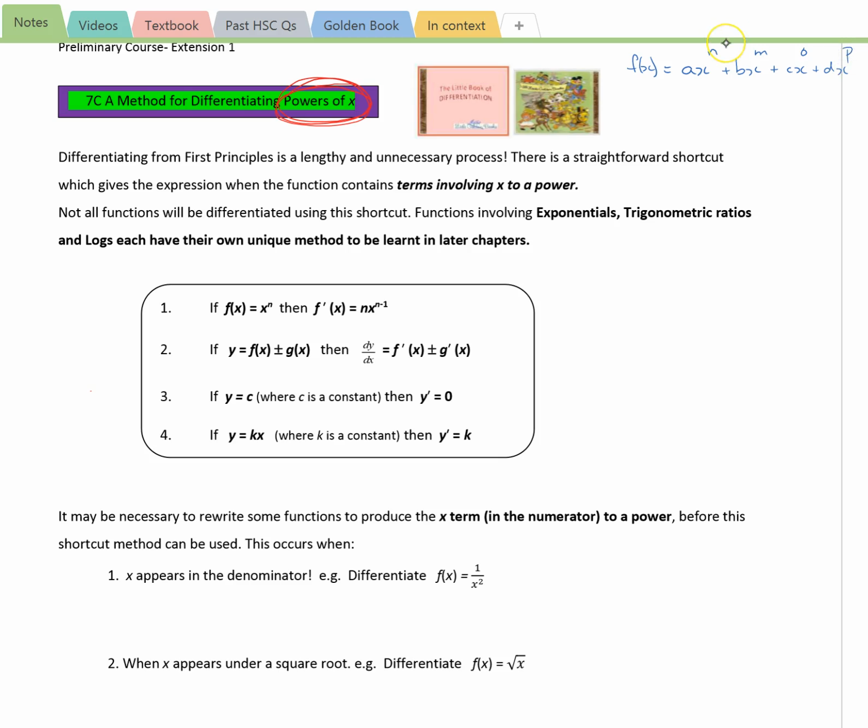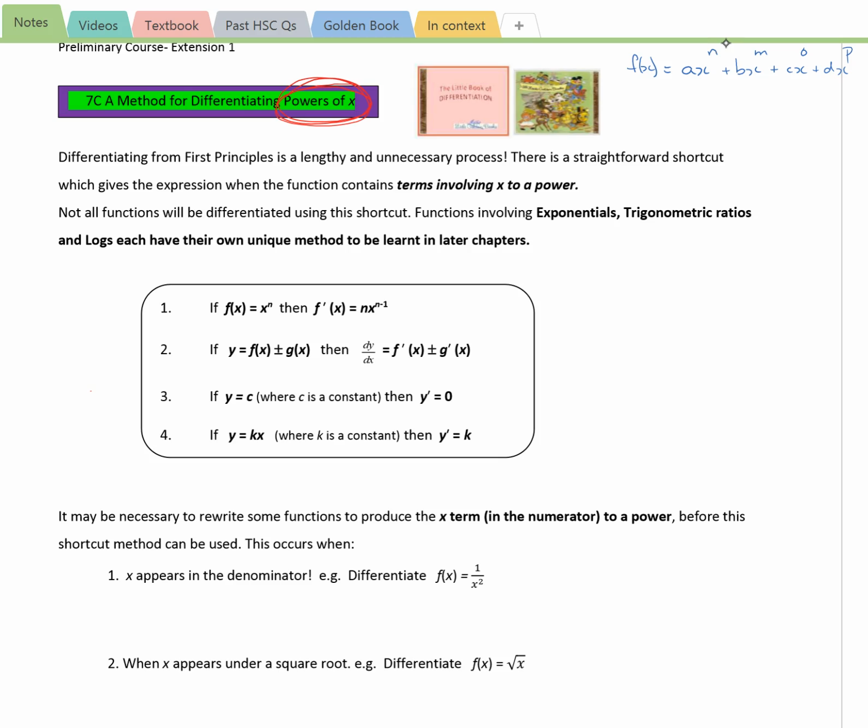All this means is that a, b, c and d are just coefficients, numbers that can potentially sit out the front. And we've got x terms, and n is just some power. It could be 1, it could be 4, m could be 3, it could be 2, and I'm just using different letters to indicate. It could be 8 or -5.